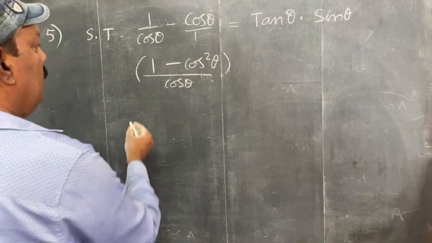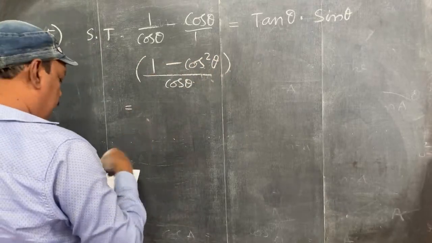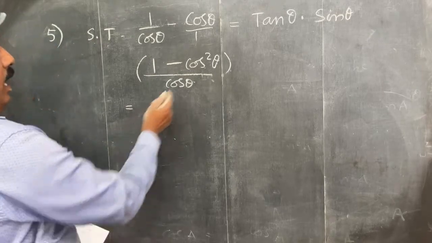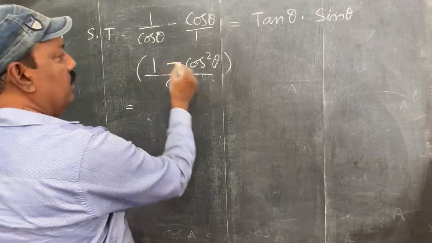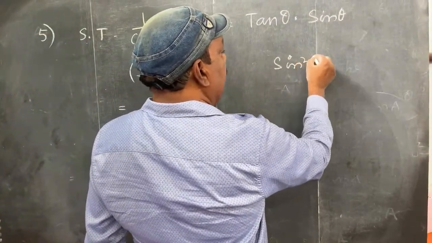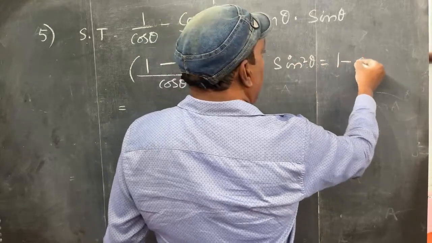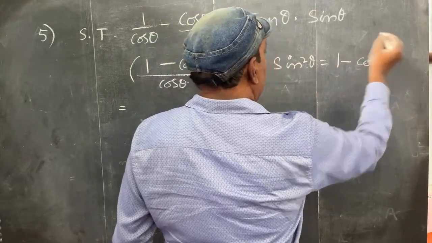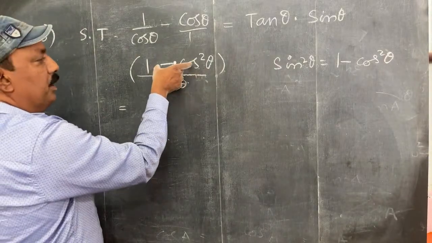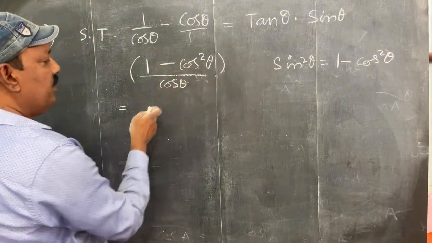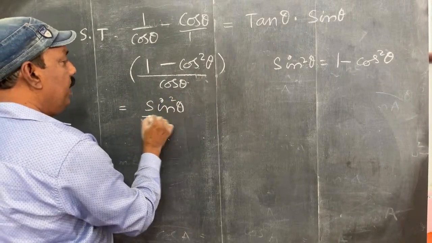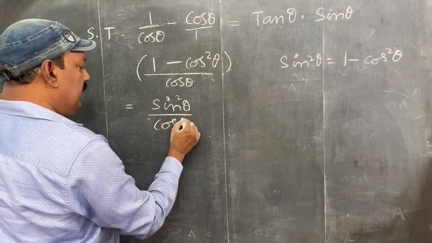So now, what is the next thing? According to identity number 1, sin square theta is equal to 1 minus cos square theta. So the numerator I am converting as sin square theta. Now it became sin square theta by cos theta.